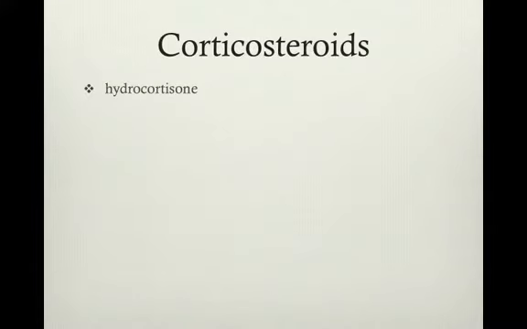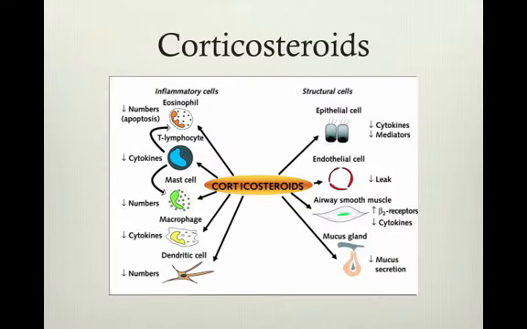Corticosteroids, hydrocortisone. A corticosteroid essentially does a numerous amount of things in your body. Corticosteroids essentially depress the immune system, and they send some cellular signaling that increases sensitivity to catecholamines.